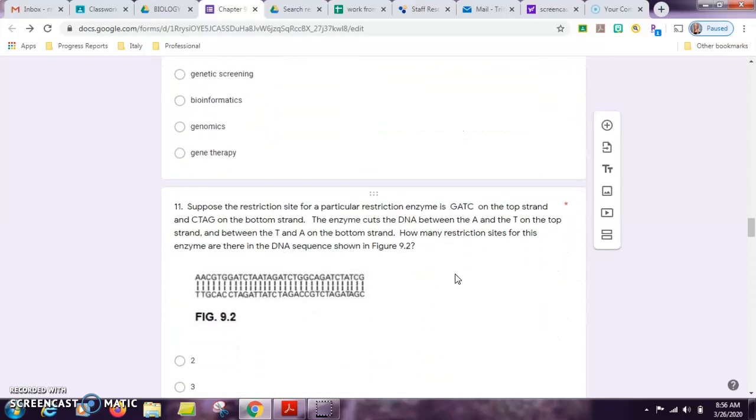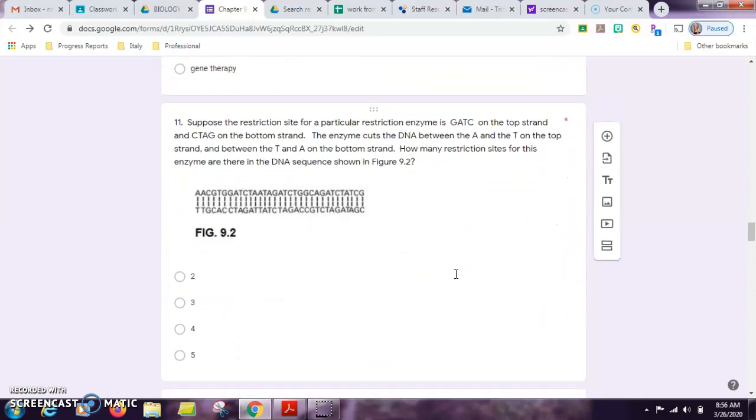Number 11. Suppose the restriction site for a particular restriction enzyme is GATC on the top strand and CTAG on the bottom strand. The enzyme cuts the DNA between the A and the T on the top strand and between the T and the A on the bottom strand.